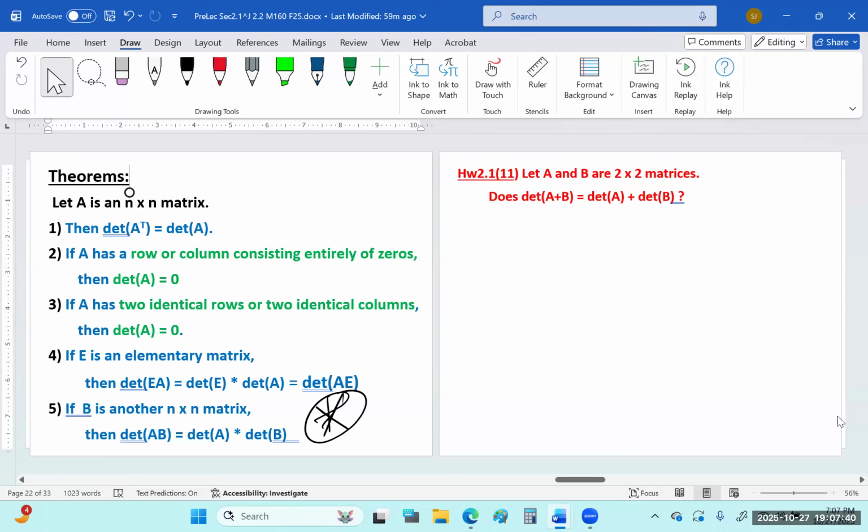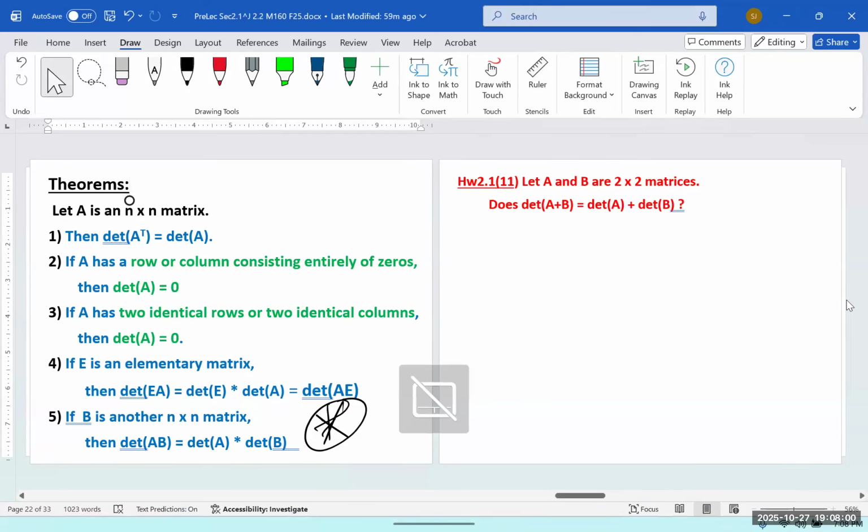Any idea from anyone? I think it's correct. You think it's correct? If it's correct, then you have to prove it. If it's wrong, then you just have to give a counterexample. So it could be correct, or it could be not correct. If it's not correct, then all you have to do is find out a counterexample that is false.